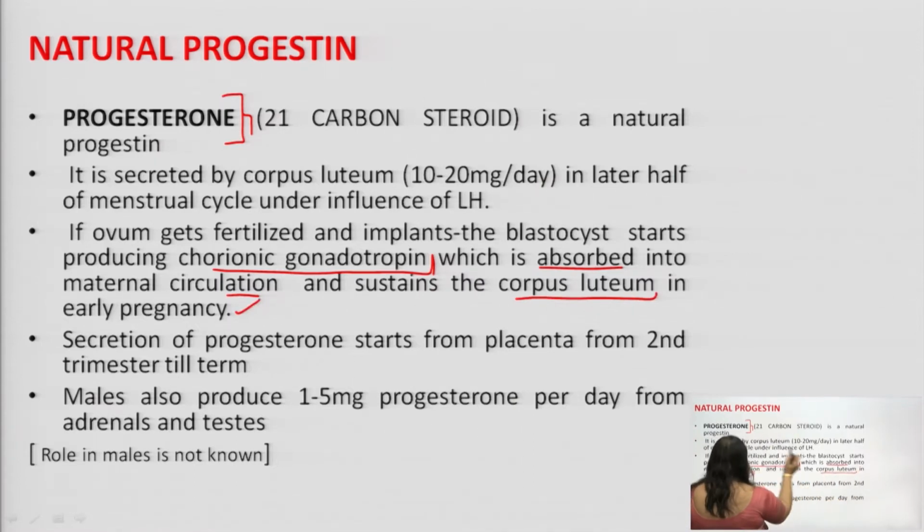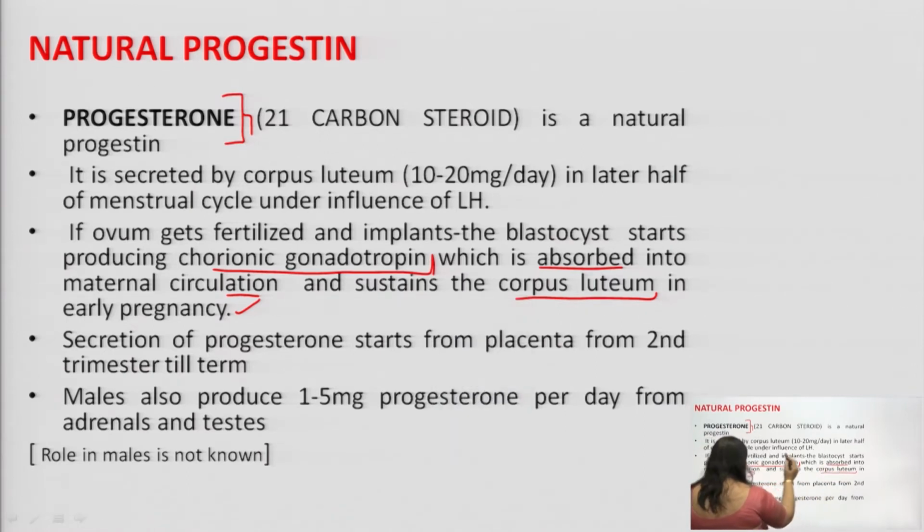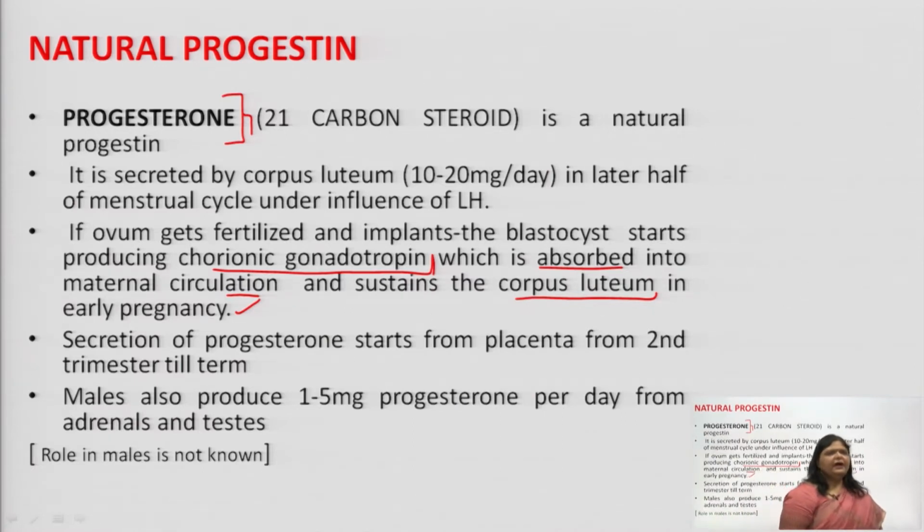So this corpus luteum secretes the progesterone. During pregnancy, the corpus luteum is sustained and releases progesterone, and that is how the pregnancy is maintained. The secretion of progesterone then starts from the placenta, from the second trimester of pregnancy till term, that is till the birth of the baby or the delivery.